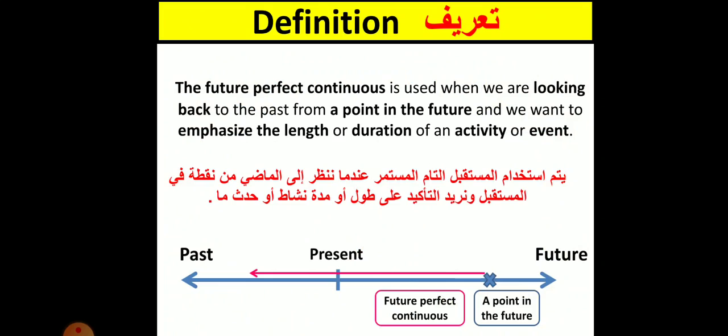The future perfect continuous is used when we are looking back to the past from a point in the future and we want to emphasize the length or duration of an activity or event. So please look here at the timeline.